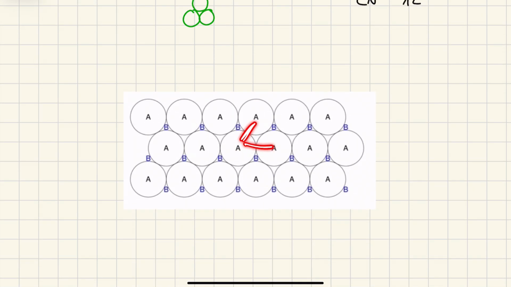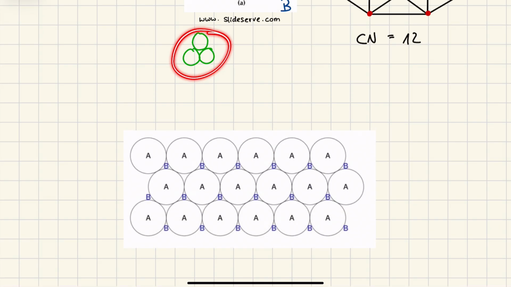Here we can see that it has 6 nearest neighbors in its own layer, and it also touches the 3 Bs above and below. And we can also see, what I visualized here, that the A atom sits in the gap formed by those 3 Bs. So it's placed like this.